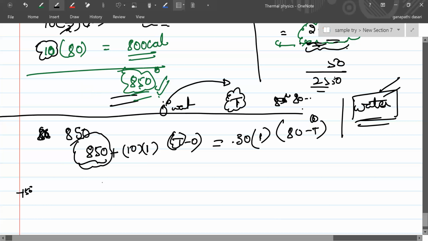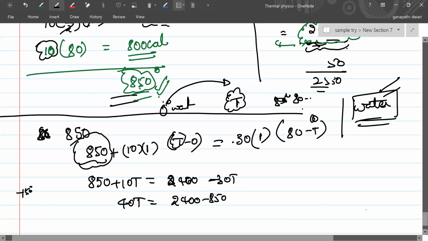So 850 plus 10T is equal to 2,400 minus 33. Then 40T is equal to 2,400 minus 850.